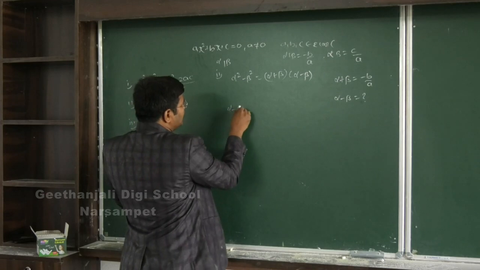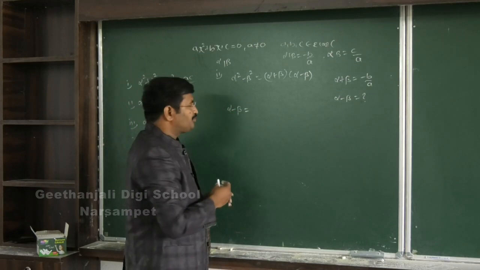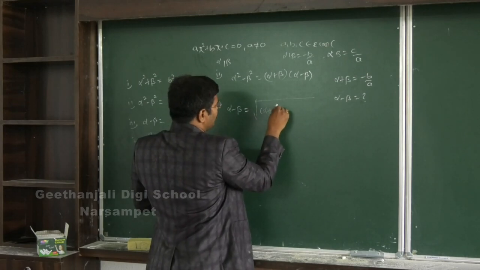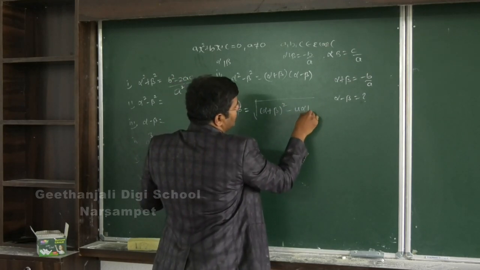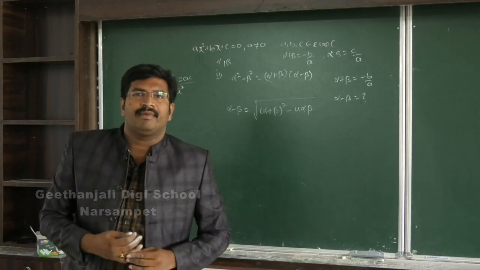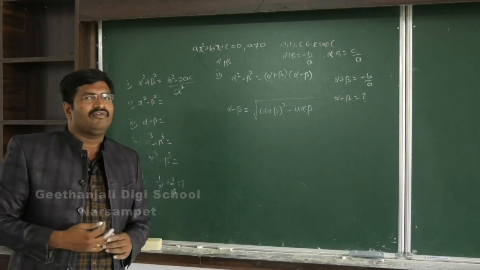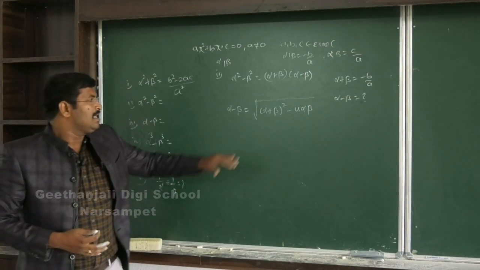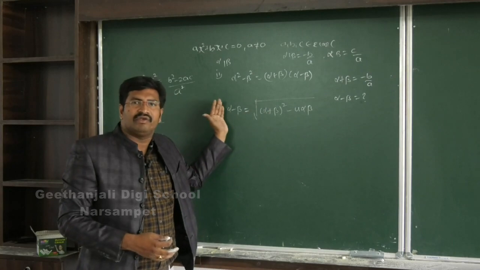Then alpha minus beta, you can write as root of alpha plus beta whole square minus 4 alpha beta. Previously you learned this form. If you simplify again you will get this one only.